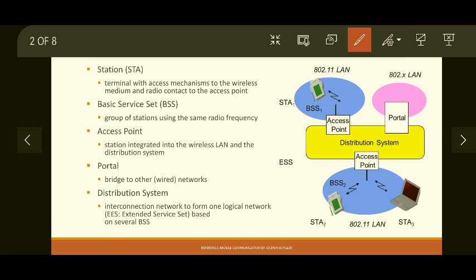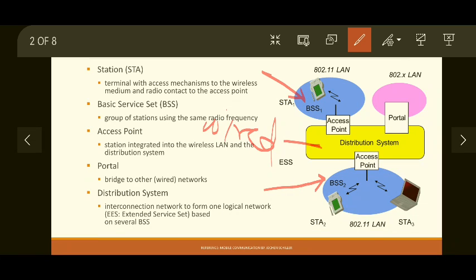All this part inside the distribution system will be wired. Through wires, the access point will be connected to the distribution system. So the only part that is wireless is your BSS. BSS1, BSS2, these are wireless. Everything else will be wired.